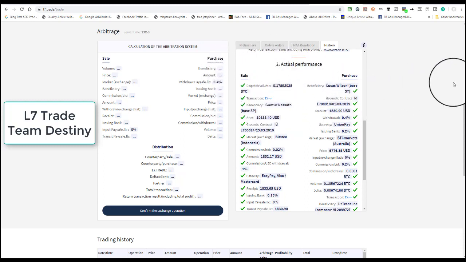So you're going to take that first number divided by this second number, 0.17893038, and you end up with 0.0128105. What does that mean?